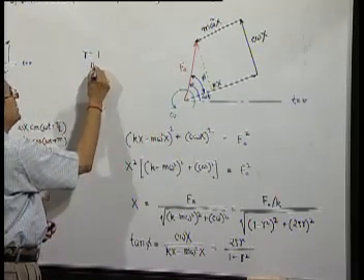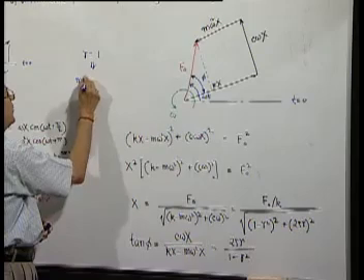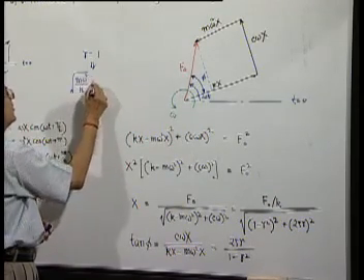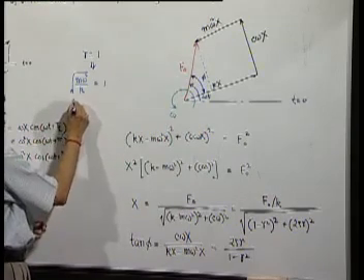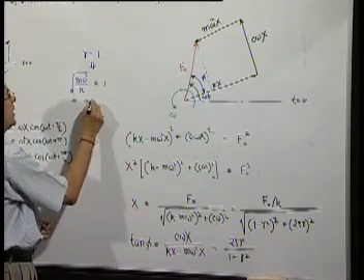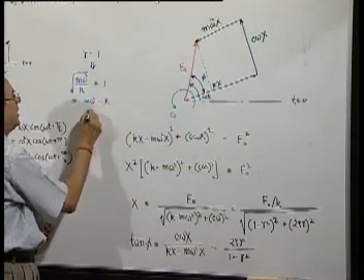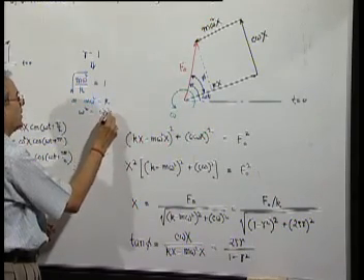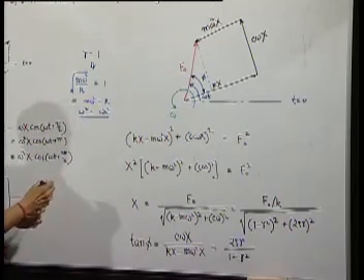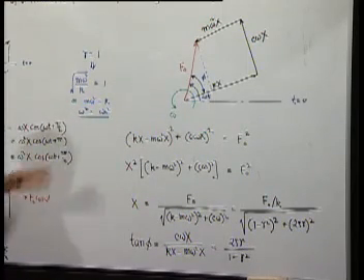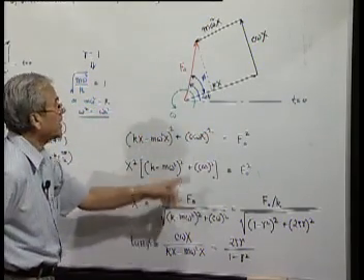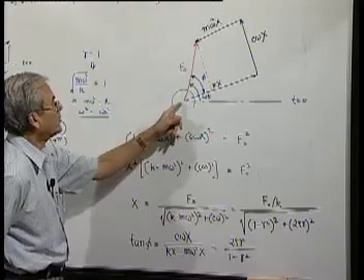It means the square root of m omega square by k is 1, or m omega square is equal to k, or obviously omega is equal to omega n. But anyhow, that is not important, that you know that it is the resonance. But k is equal to m omega square. If k is equal to m omega square, then how much will be this length?